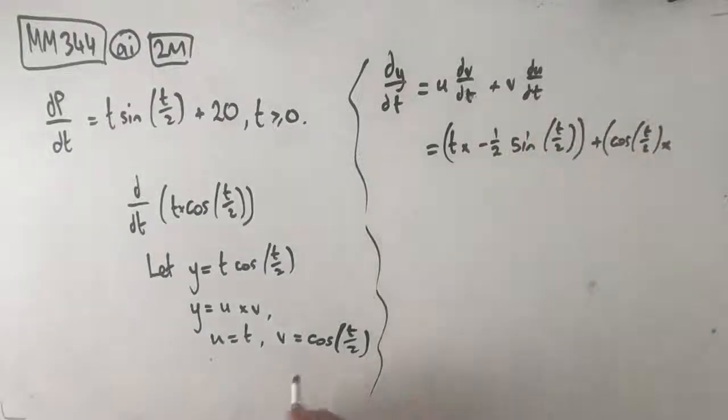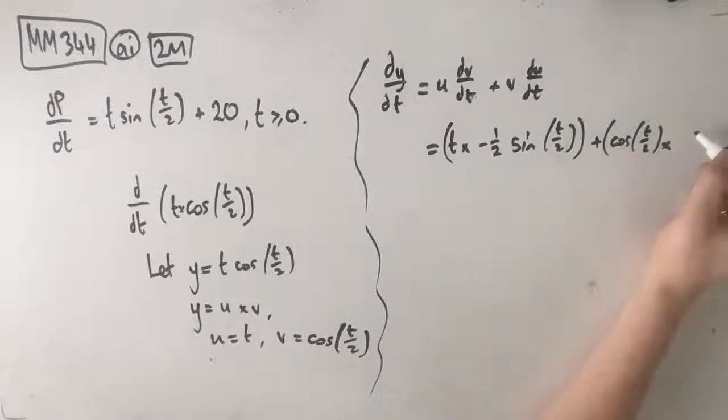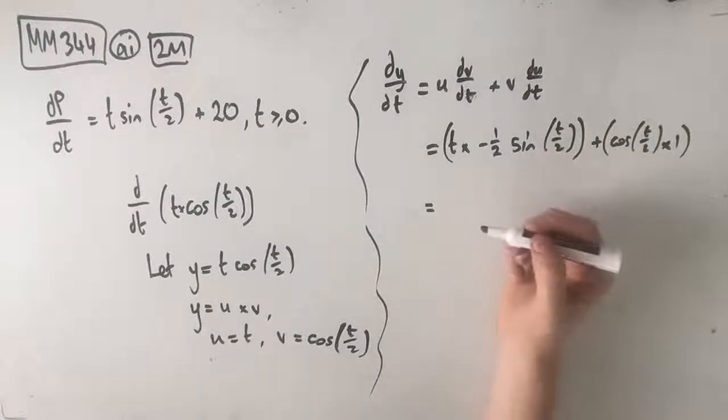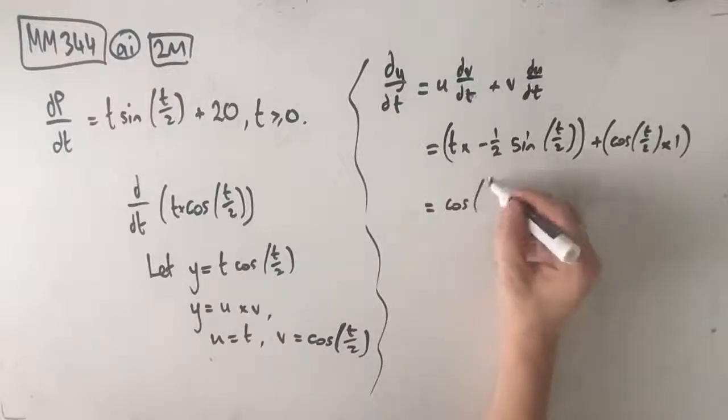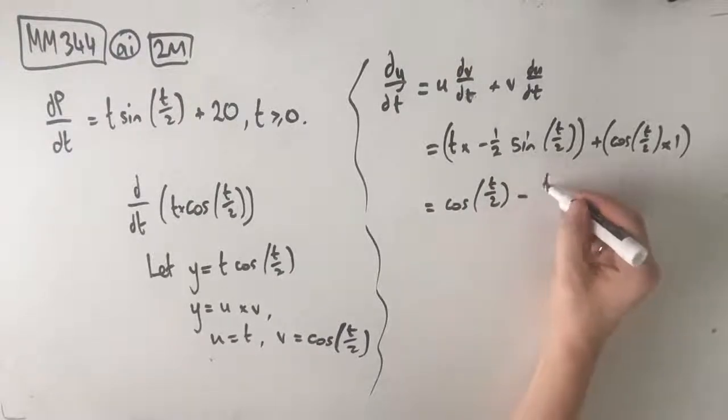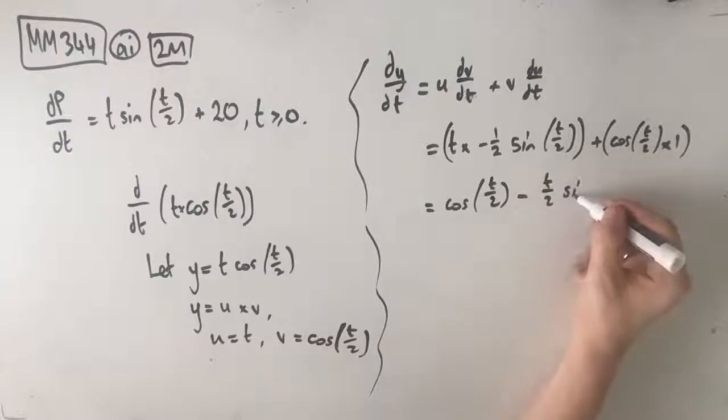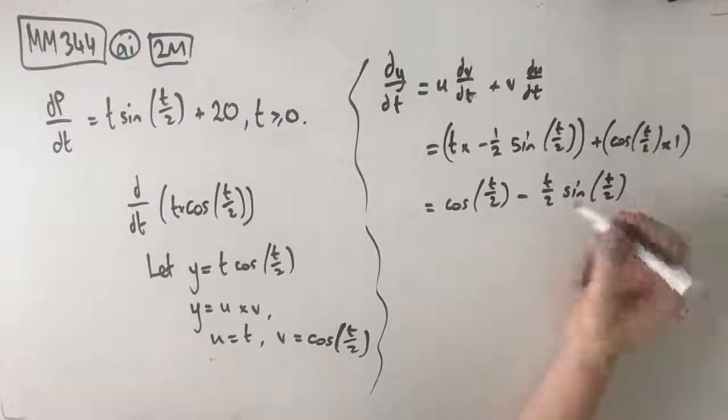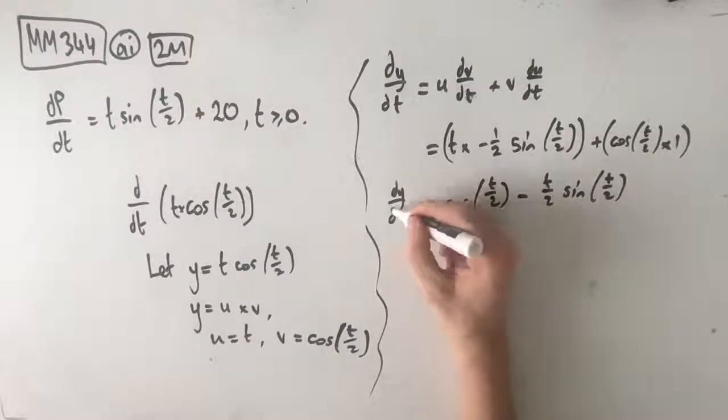The derivative of t is 1, right? So times 1. So then we end up with cos of t on 2 minus t on 2 sine of t on 2. Awesome. And that's our derivative.